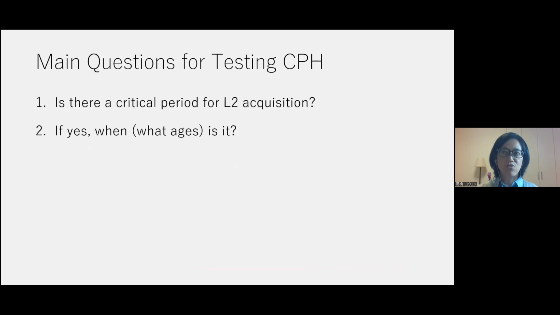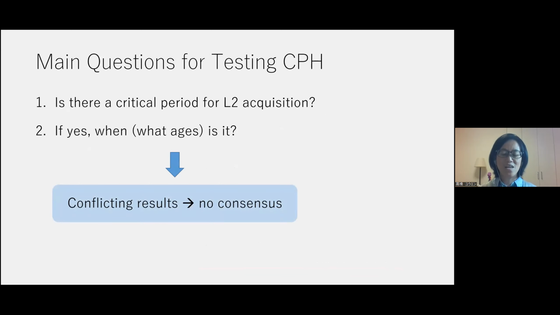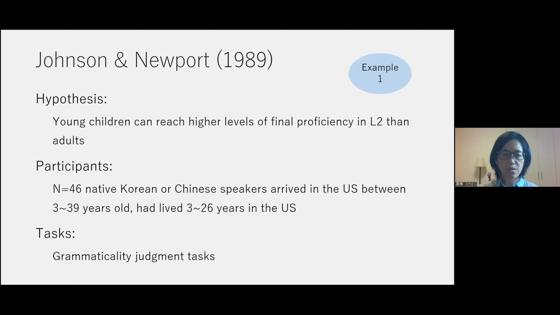And to tell the end of this story, they actually have very conflicting results from their studies, and there's still no consensus from their research results. I will give you two examples of research. One is by Johnson and Newport in 1989.